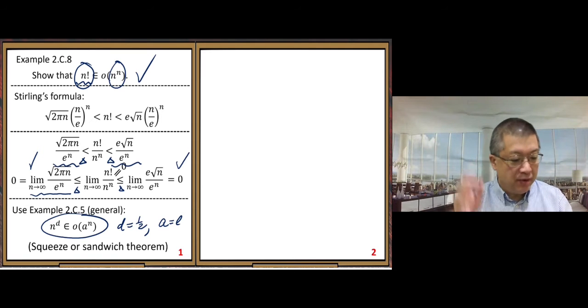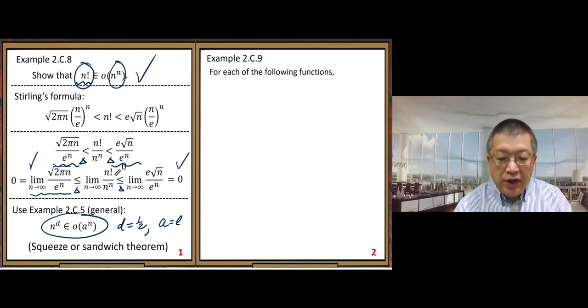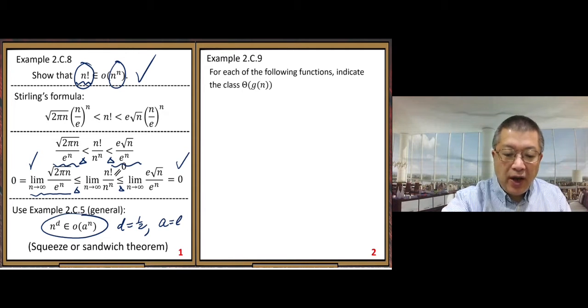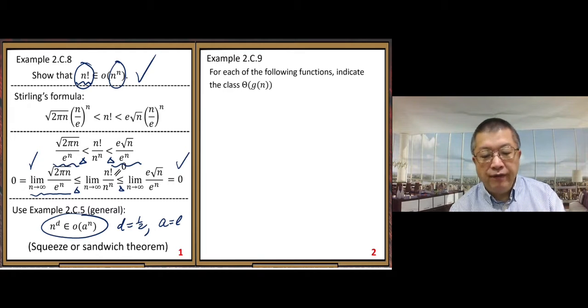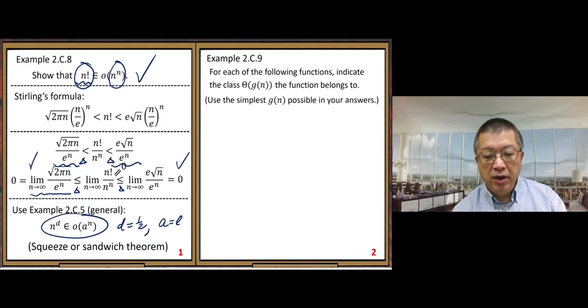Then the last example, number 9. For each of the following functions, indicate the class big theta of g of n. The function belongs to; use the simplest g of n possible in your answers.